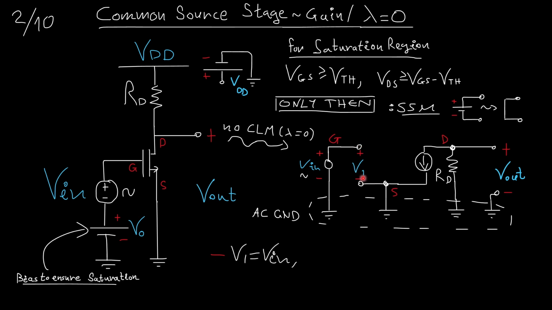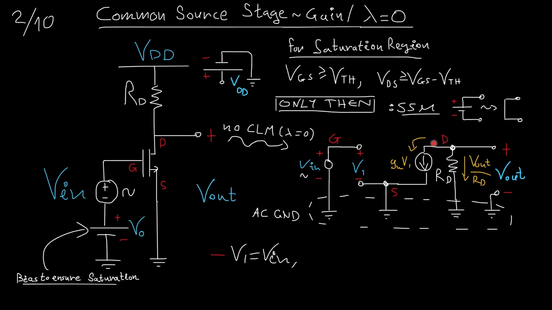Now, this voltage difference here between the gate and the source happens to be the same as Vin. This is a current source tied between the drain and the source, which has a current value of gm V1. gm is a property of the device, a transconductance of the device, and V1 is this voltage difference, the VGS difference.